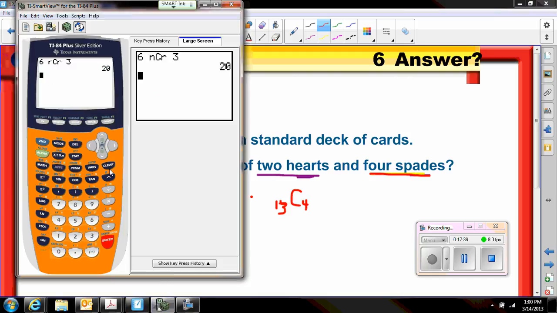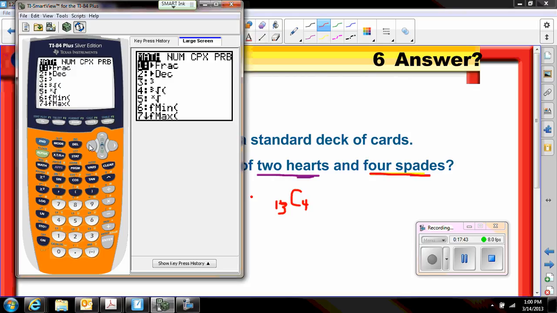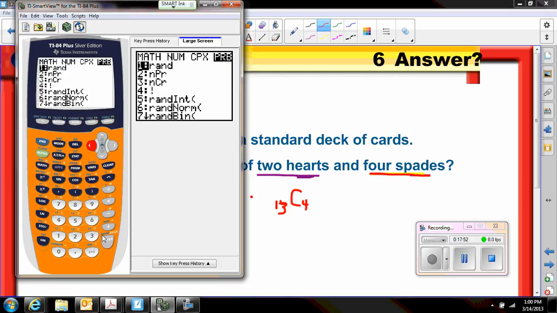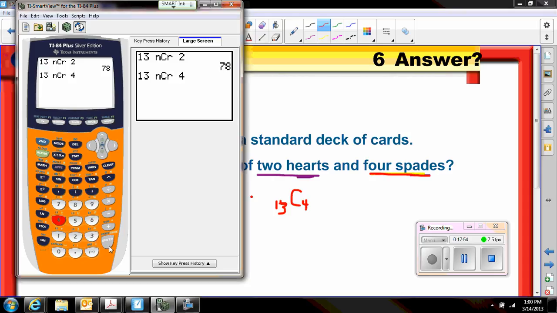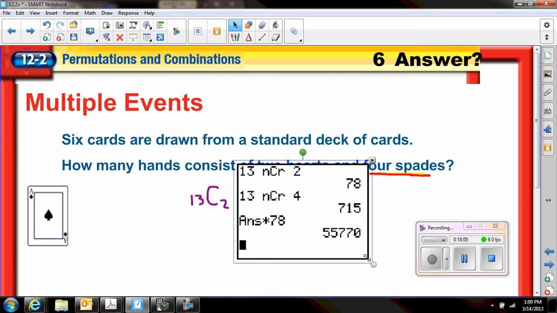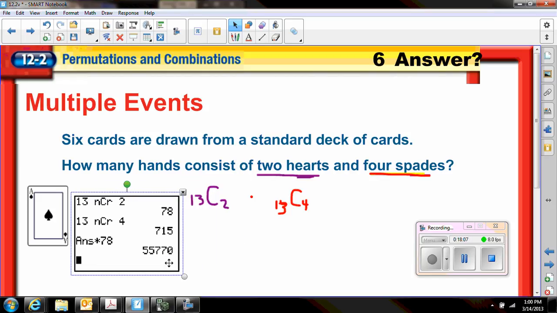So let's see what we got on our calculator here. We'll go 13 choose 2, which gives me the answer of 78. We'll go 13 choose 4, which gives me an answer of 715, and 715 times 78 gives me an answer of 55,770 different ways.